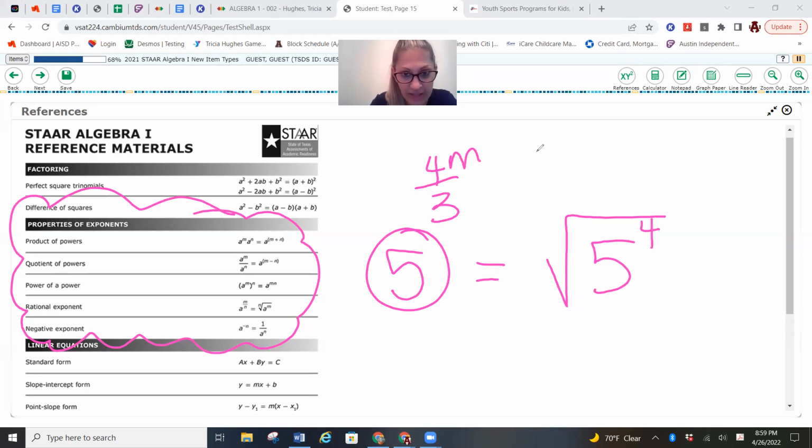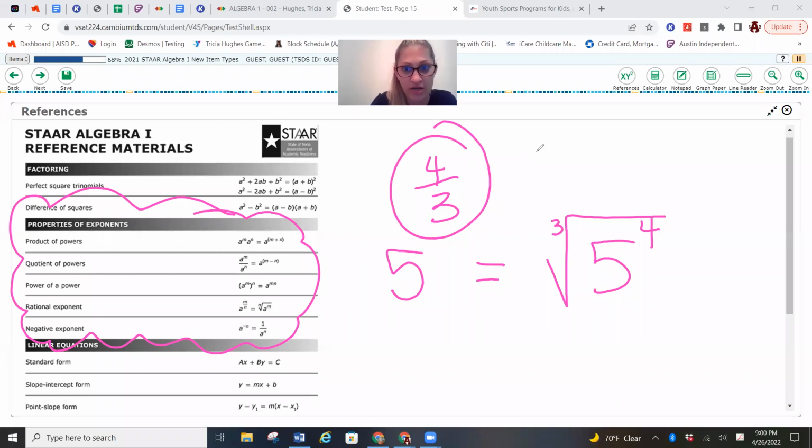And the n is on the outside. So that is how you would rewrite it from a fraction exponent. Right here is your fraction exponent to a square root, rational. So this is a rational exponent rewritten in square root form. Let's clear all that.